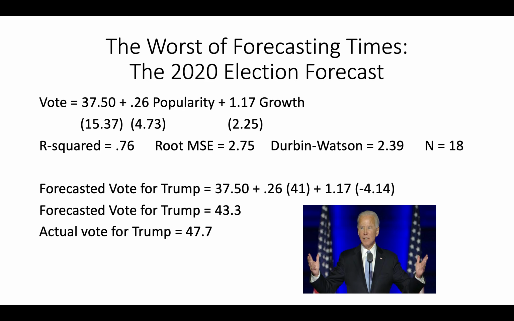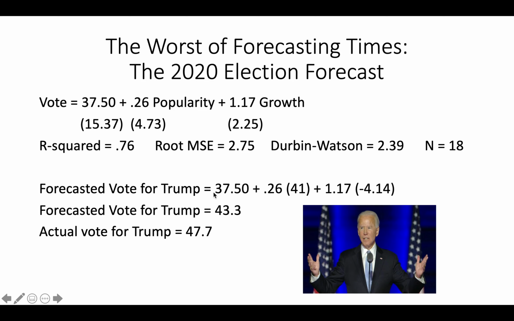So we see that the forecast itself, based upon this model here, same model from Lewis, Beck, and Tien, you can see almost exactly the same statistics resulting with an extra case, the 2016 election. Still statistically significant independent variables, positive slopes, again, theoretically, the expected direction.